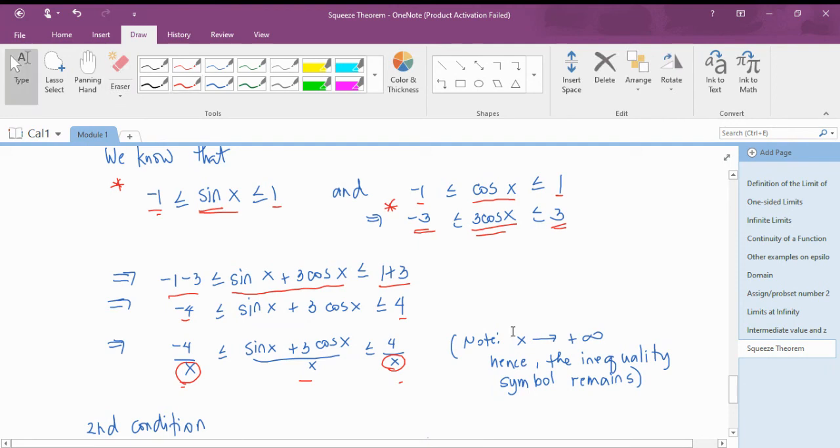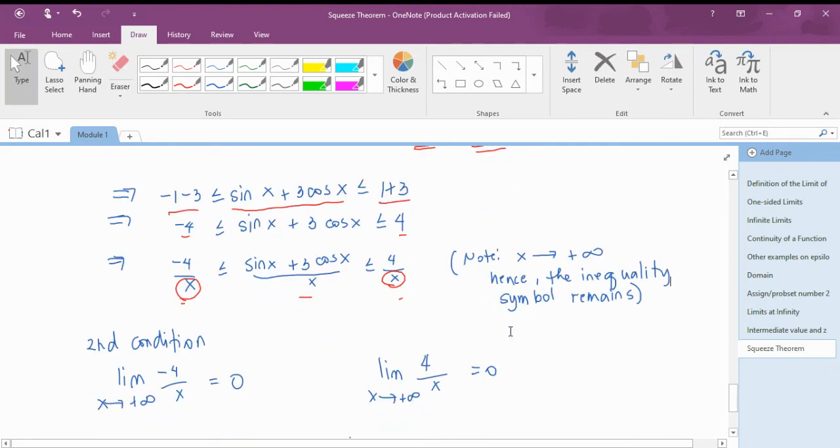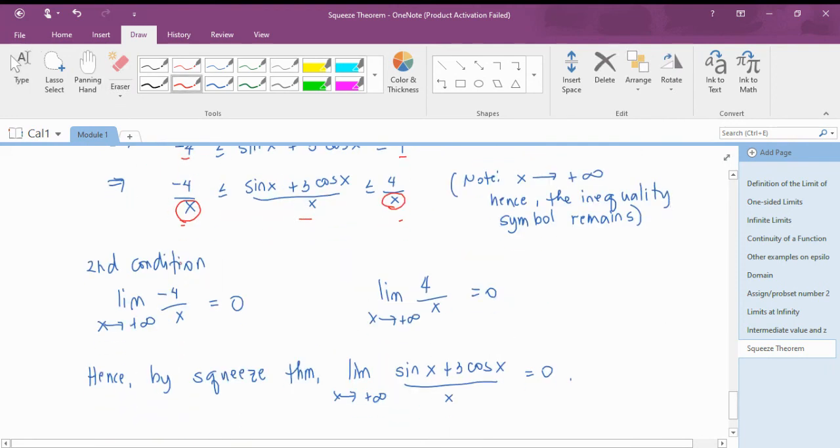Okay, next. So, nasatisfy na natin yung first condition natin. Nakahanap tayo ng f of x natin, which is equal to negative 4 over x, and h of x, which is equal to 4 over x. So, yung next na kailangan nating isatisfy ay yung second condition. So, dapat yung limits ng f of x natin at h of x ay equal. So, i-check natin. Limit ng negative 4 over x as x approaches positive infinity.